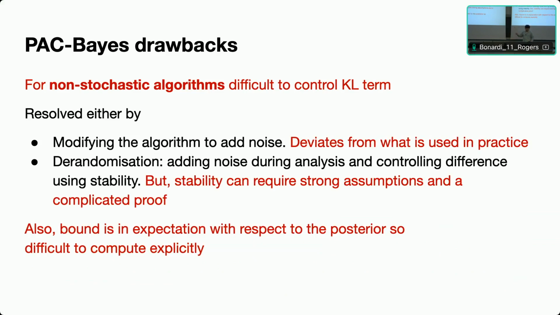Or you can use this technique of de-randomization, where in the analysis you add some noise, and then you control the difference using some stability properties. But this stability property comes at the price of some assumptions and maybe a slightly more complicated proof. And thirdly, the bound is in expectation with respect to the posterior, which is not always possible to compute.